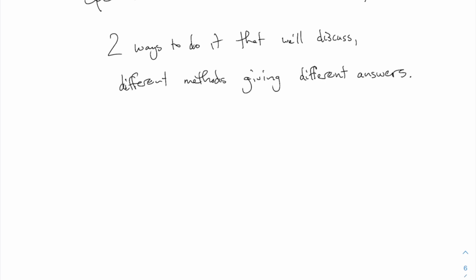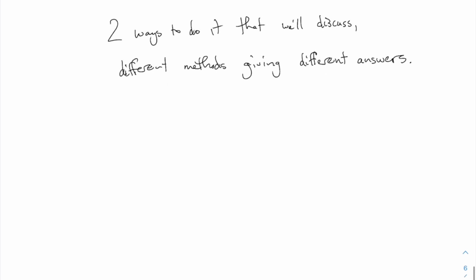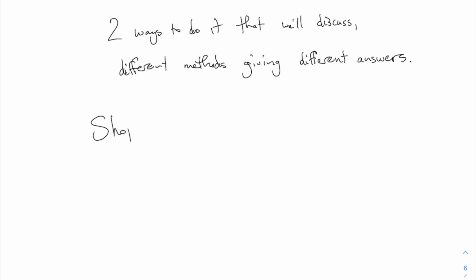Unfortunately, they're both named after people, and you just have to remember which one is which. They don't have names which give you a hint about which is which. But anyway, the first one is named after two people. It's called the Shapley-Shubik. That's a K. Shapley-Shubik Power Index.